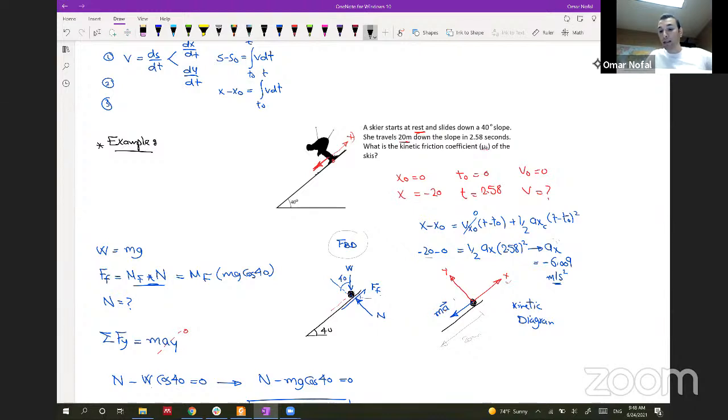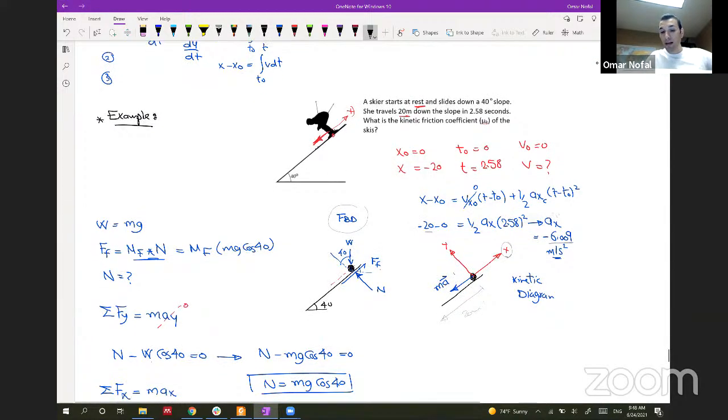That's why the sign of the acceleration corresponds to the x-axis. That's why we got negative 6.009 meters per second squared, which means that the magnitude of the acceleration is 6 and the direction is in the negative x-axis. So this is how we got it.